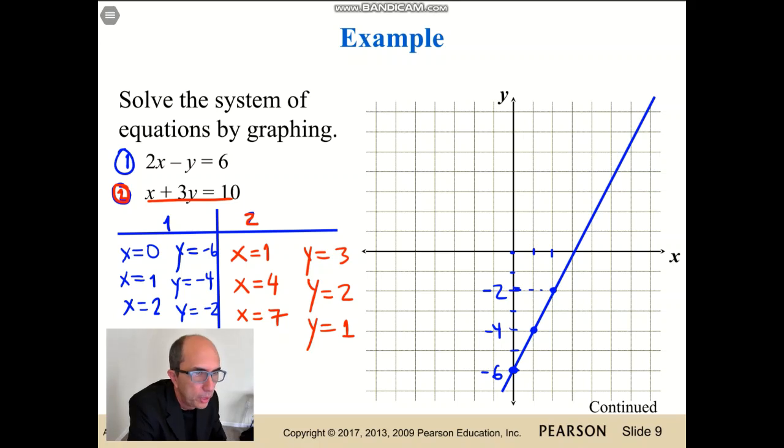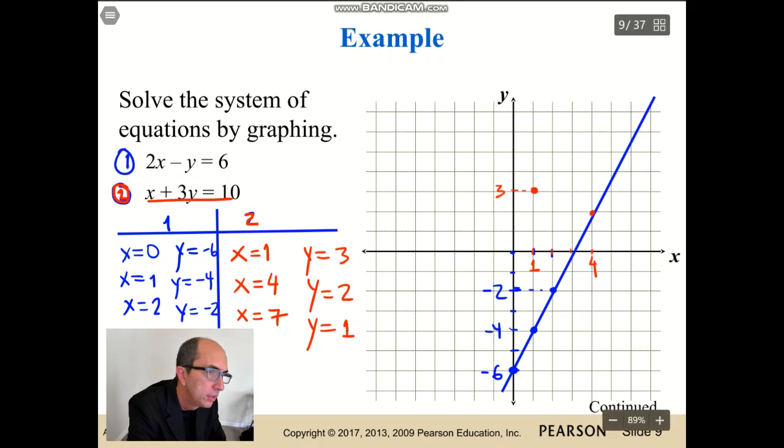Now, next one, equation number 2. If x equals 1, y equals 3. Next point, x equals 4, y equals 2. 1, 2, 3, 4. Y equals 2.